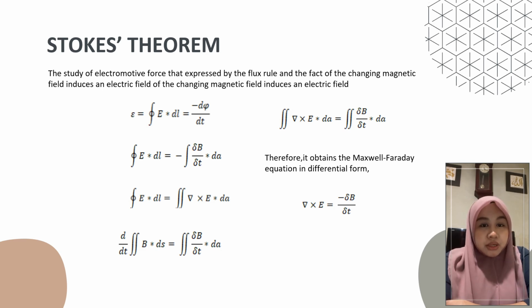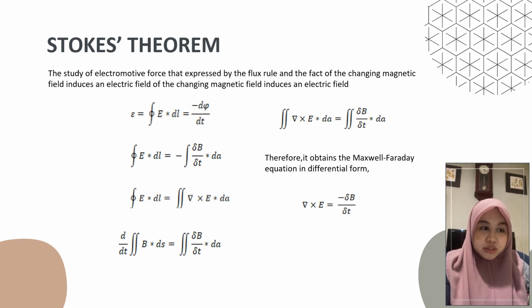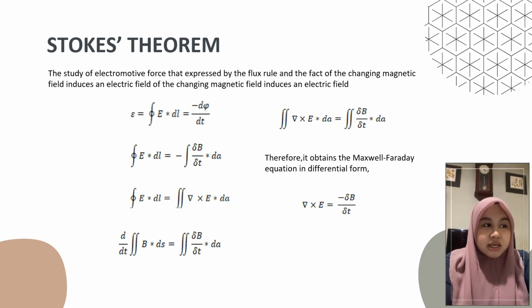The Stokes theorem can be used for the differential form. It is applied on the left-hand side of the equation. The equation carries a sign ambiguity due to the assumption that the right-hand rule is used to find the direction of the motion. It can be differentiated with respect to time, as the integration of the surface does not vary with time.